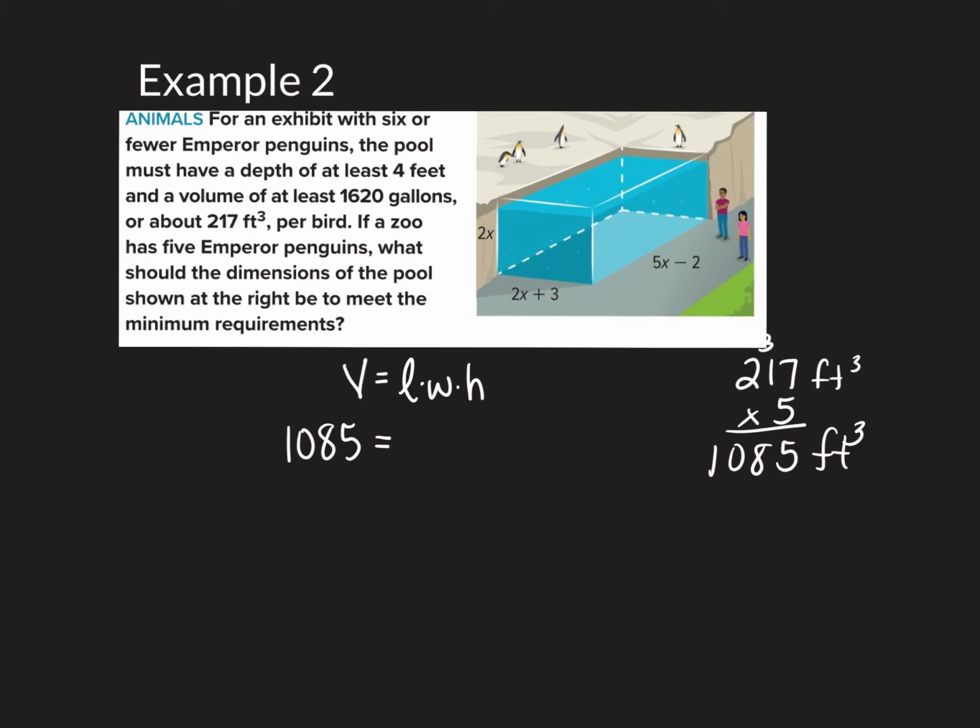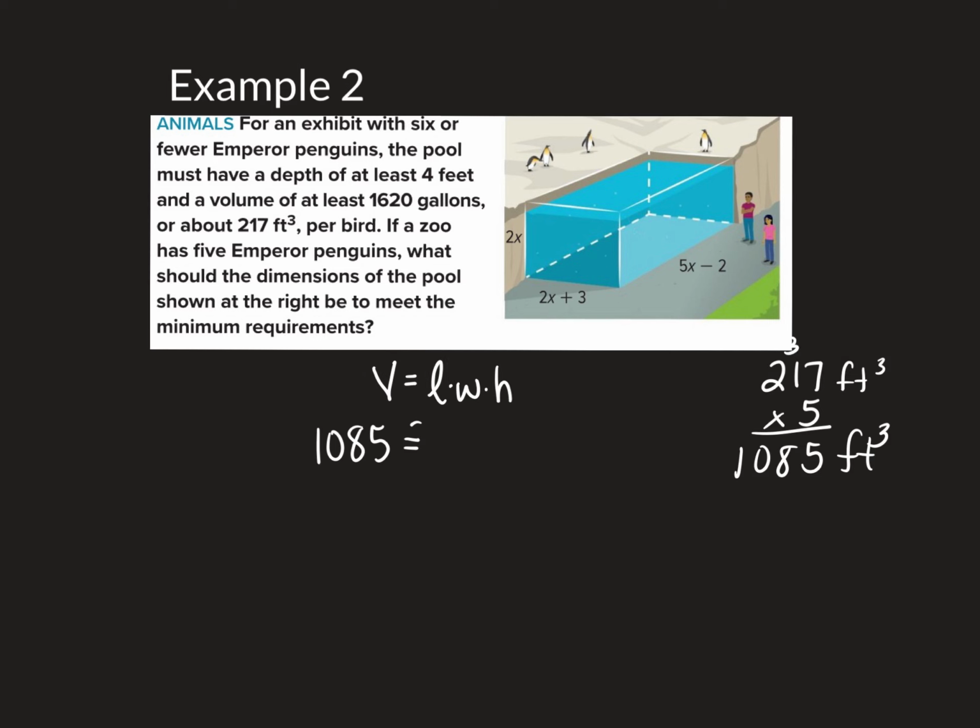So my length is going to be 2x plus 3. My width is going to be 5x minus 2. It doesn't really matter. And then the height is 2x. Now I am going to distribute my 2x here to this first one.